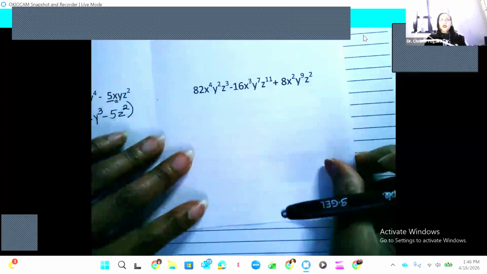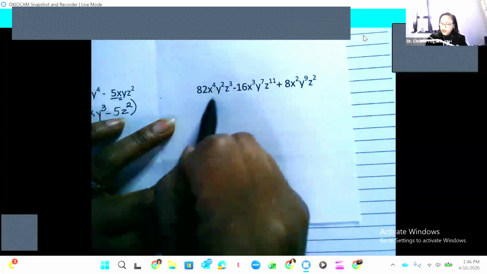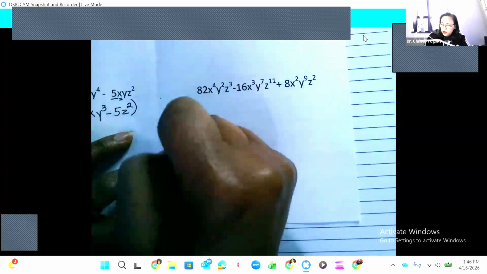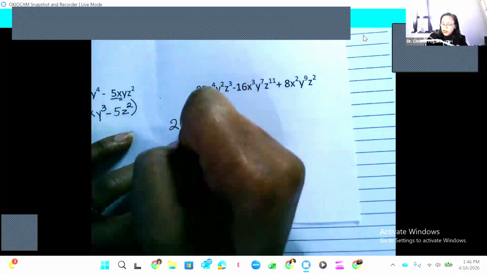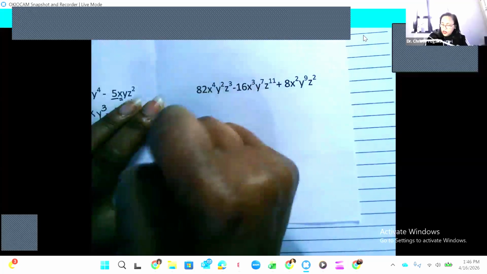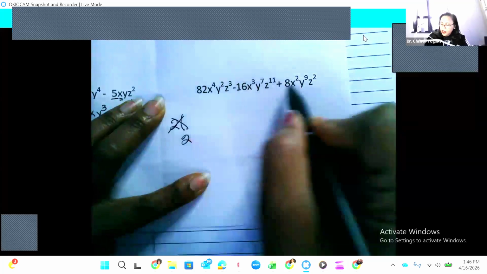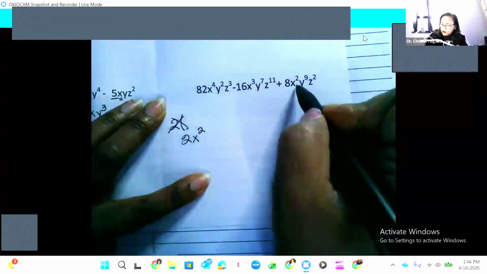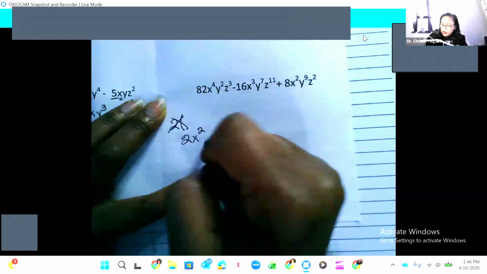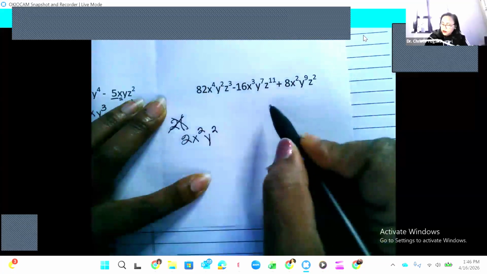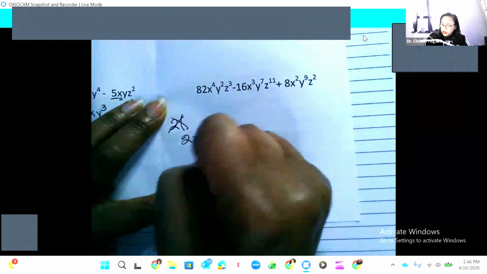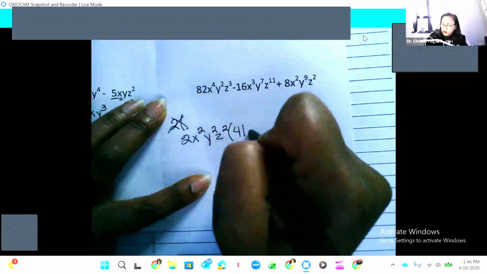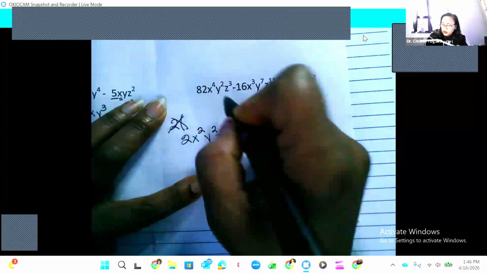And then for this one, lastly, what do we have in common? Every term has a 2 in common. I cannot pull out anything. Oops, I did not mean to do that. Cross it out. And then each one, the biggest x I can pull out is a square. The biggest y I can pull out is a square. And the biggest z I can pull out is a square. So I get 41 x to the 2nd.